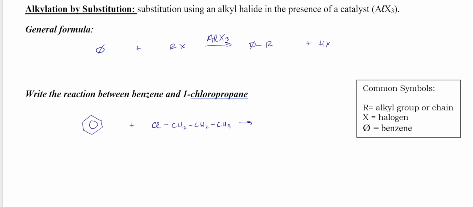So as we can see here, that's my R group, right? And that's my halogen. So what's going to happen here is the benzene ring is going to have the R group attached to it. And then the chloride is going to bond with the hydrogen that comes off the benzene.